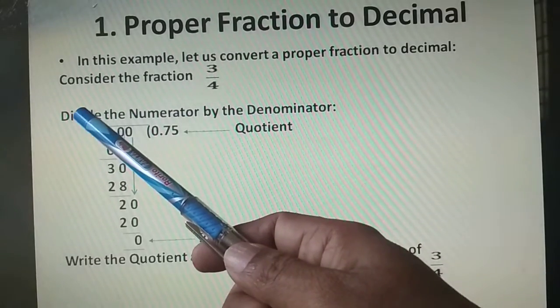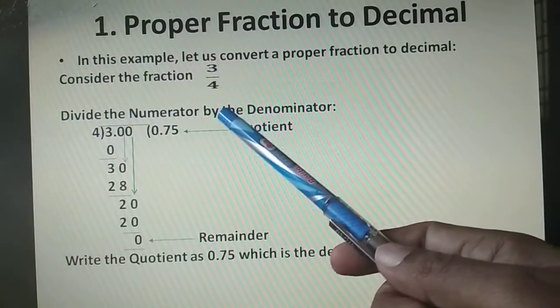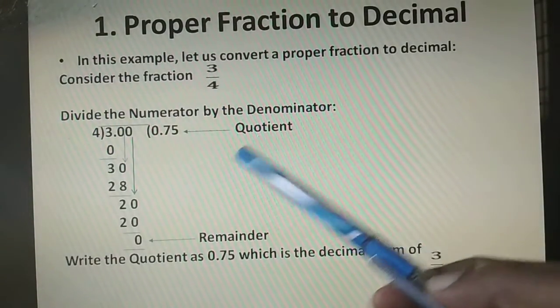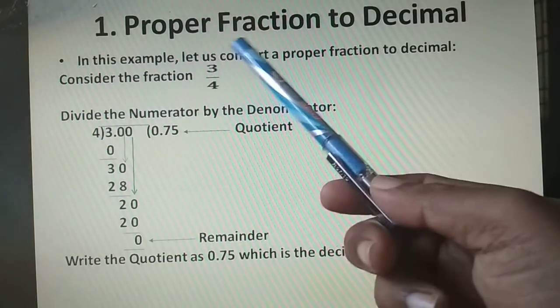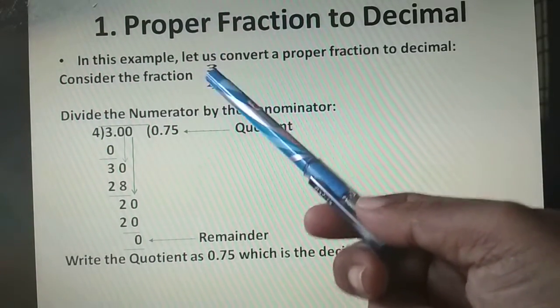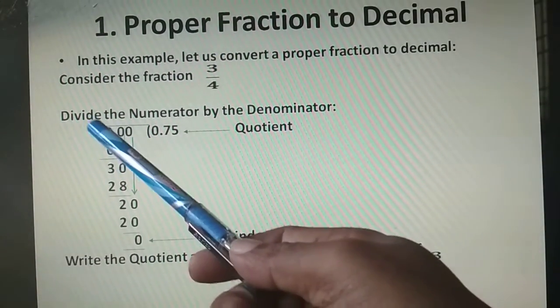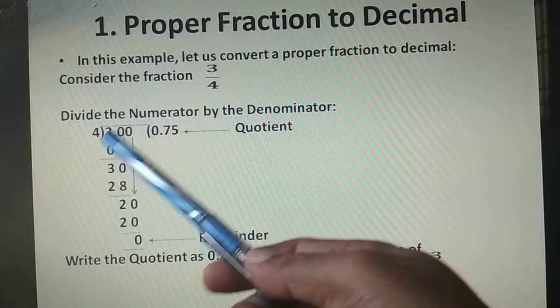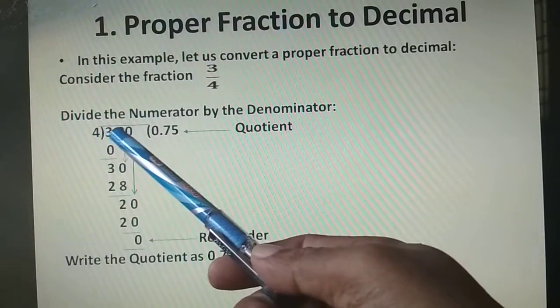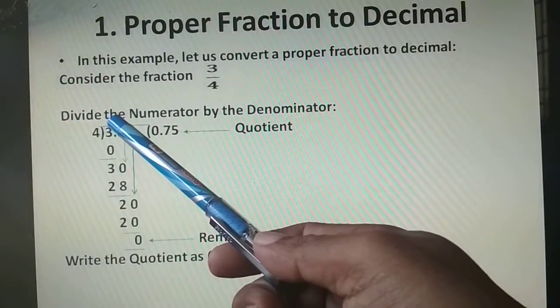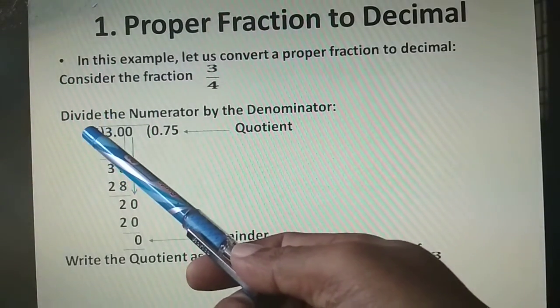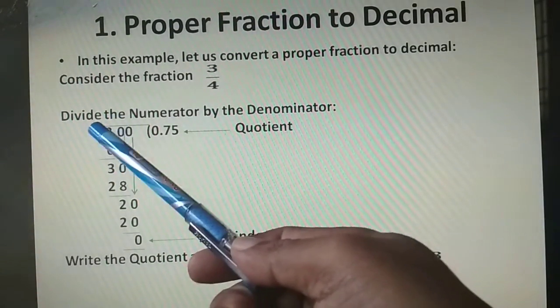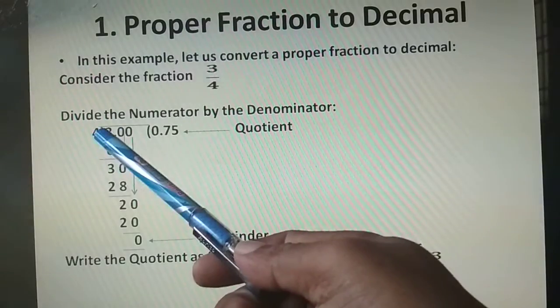Now, divide the numerator by the denominator. Divide 3 by 4. Here 3 is the dividend and 4 is the divisor. As you can see now, 3 is less than 4, so 4 doesn't go into 3.